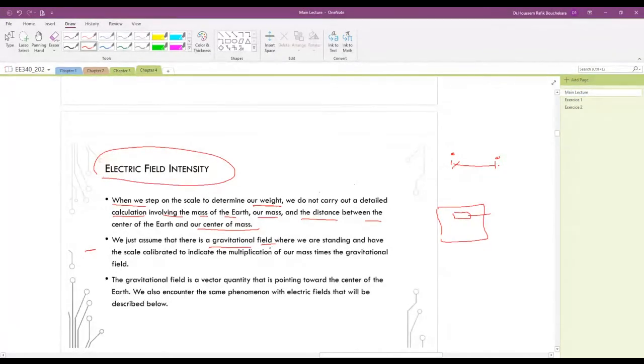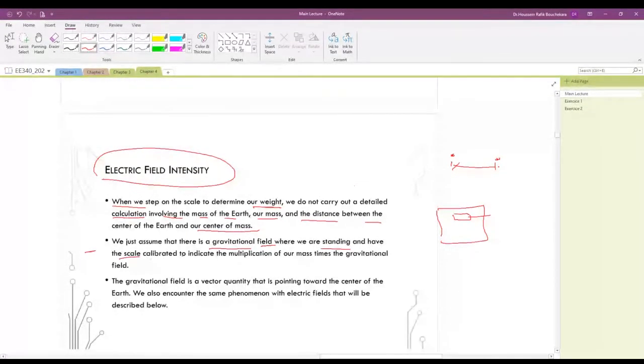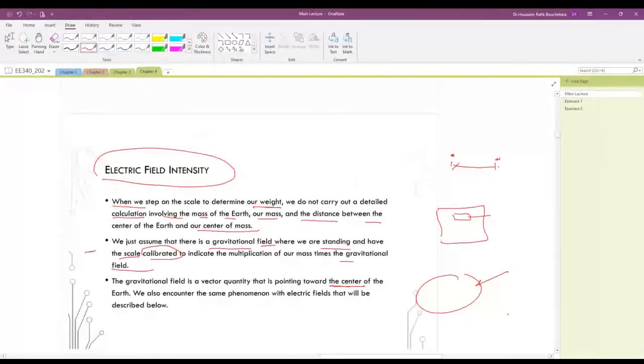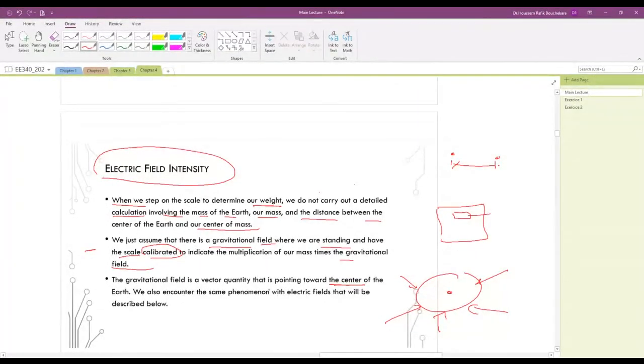So we just assume that there is a gravitational field where we are standing and have the scale calibrated to indicate the multiplication of our mass times the gravitational field. The gravitational field is a vector quantity that is pointing toward the center of the Earth. Okay, gravitational field يا شباب في أي مكان it is pointing toward the center of the Earth.